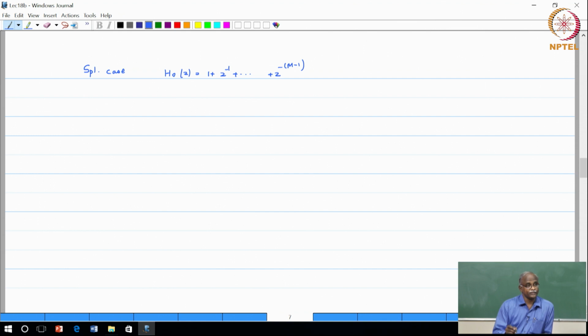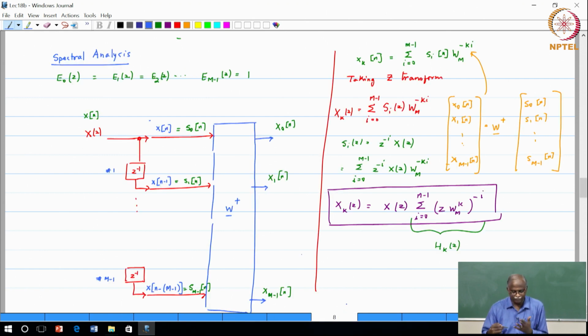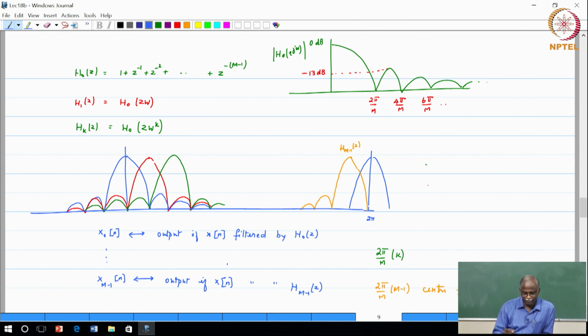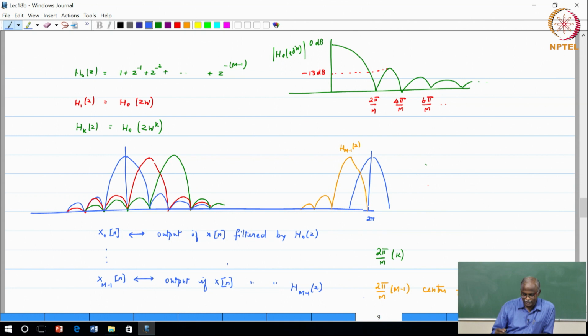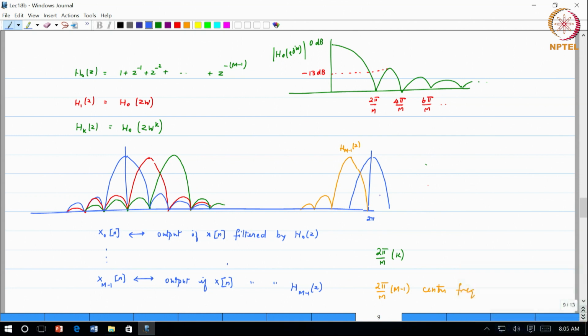This is nothing but what you do when you are taking the IDFT or DFT, and using the structure we showed that this corresponds to passing the input sequence through a bank of filters. If this is the IDFT, with all the polyphase components set equal to 1, it is like passing the input through a bank of filters given by this graph.